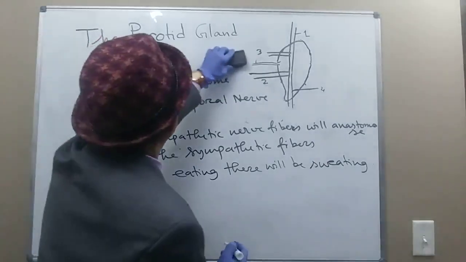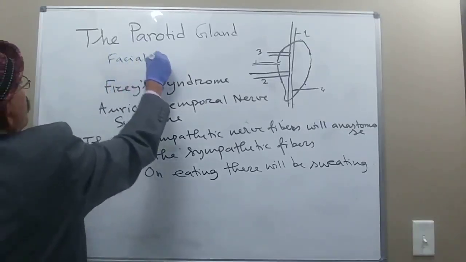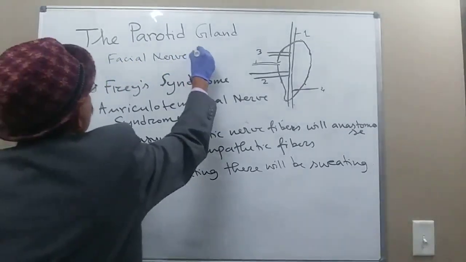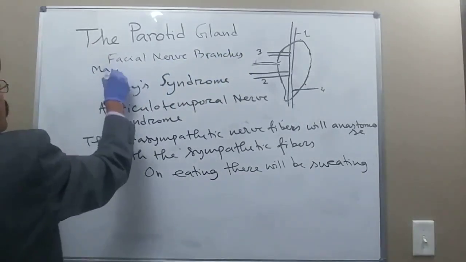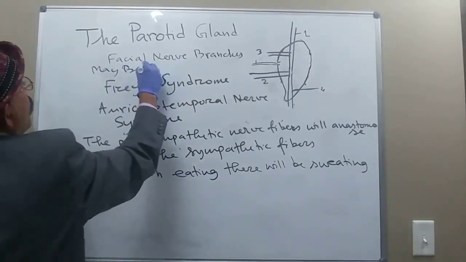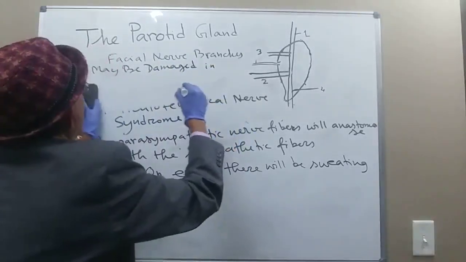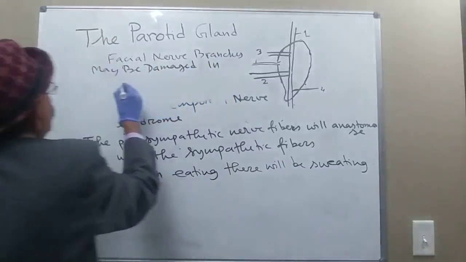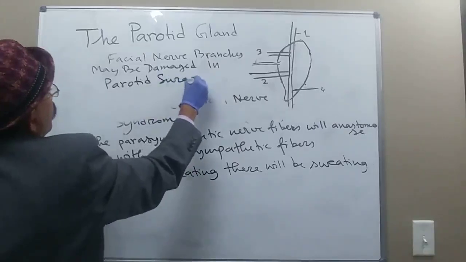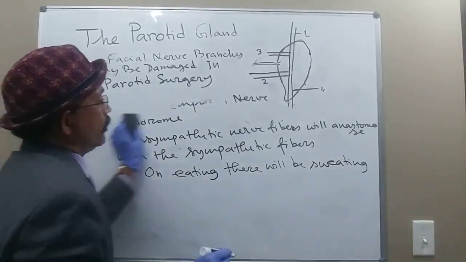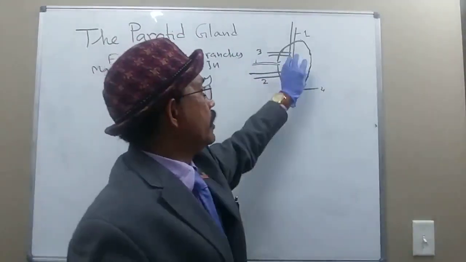And as we mentioned previously, facial nerve branches may be damaged in parotid surgery. Surgeons should be very alert about that, because the facial nerve branches do not supply the parotid gland.